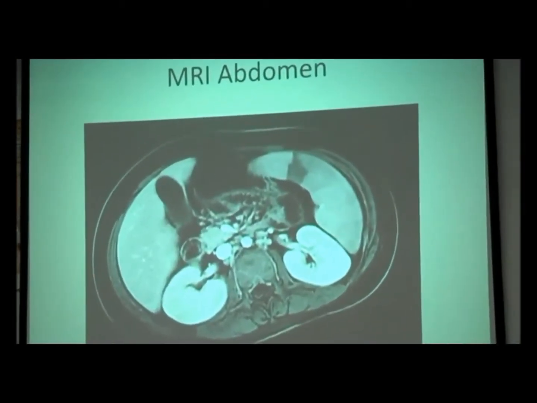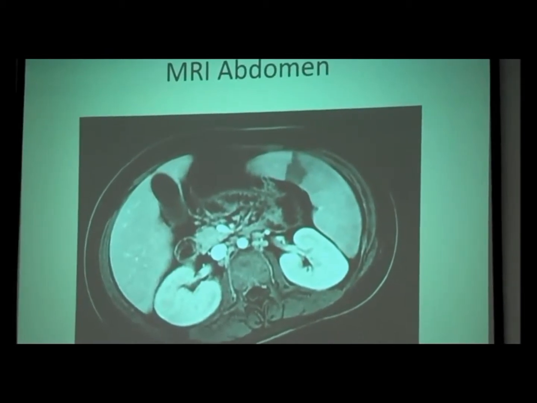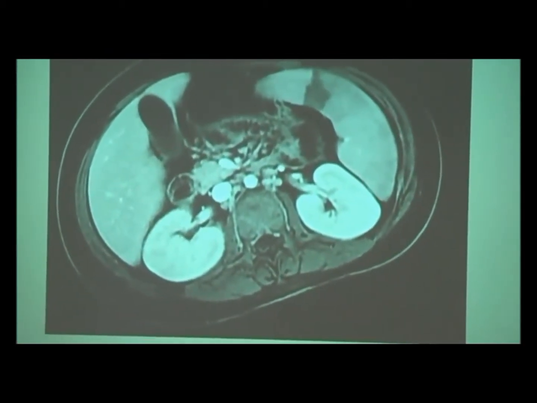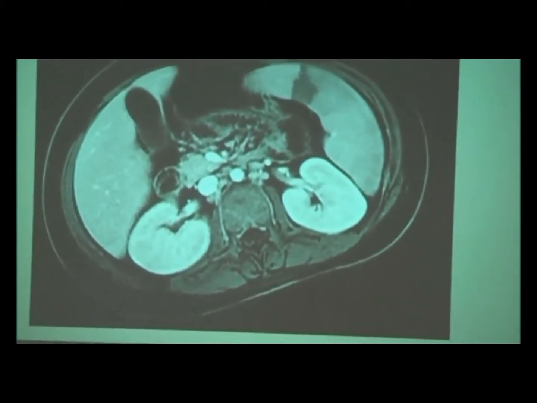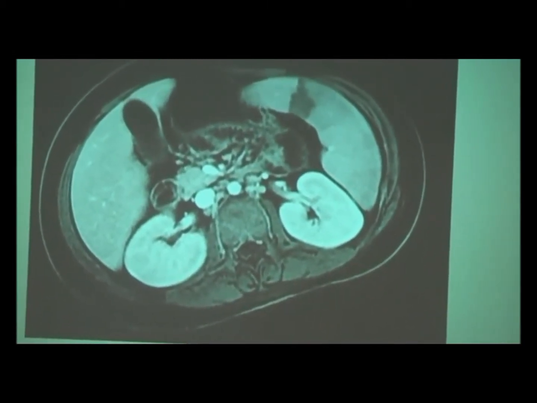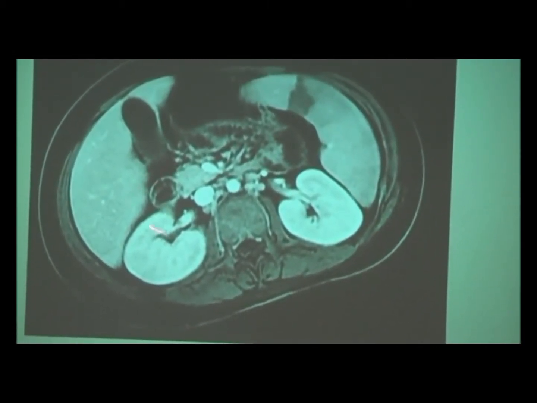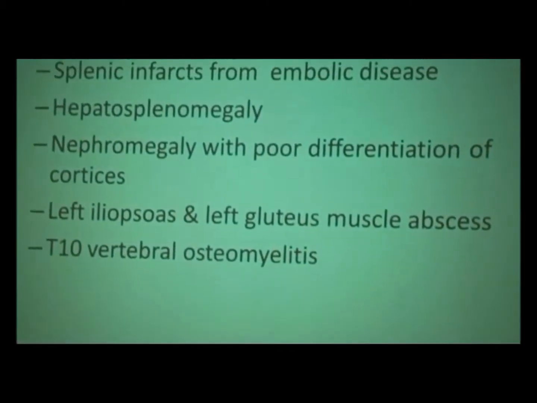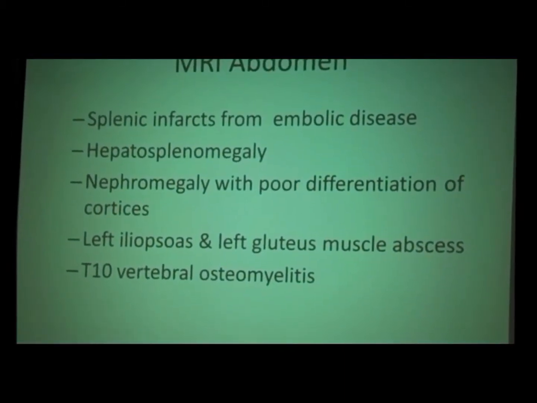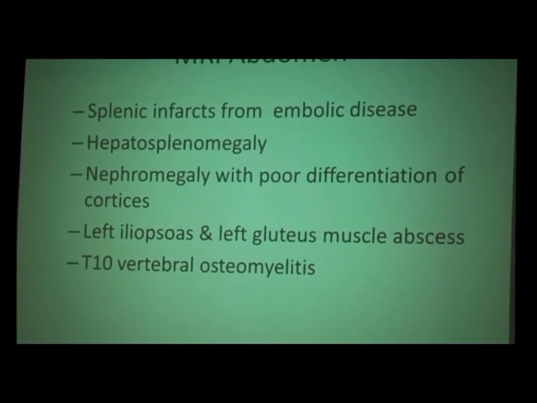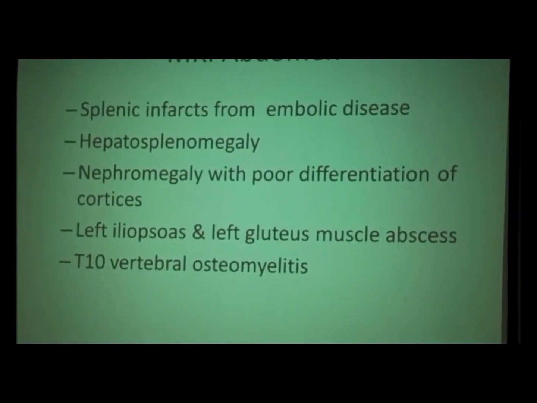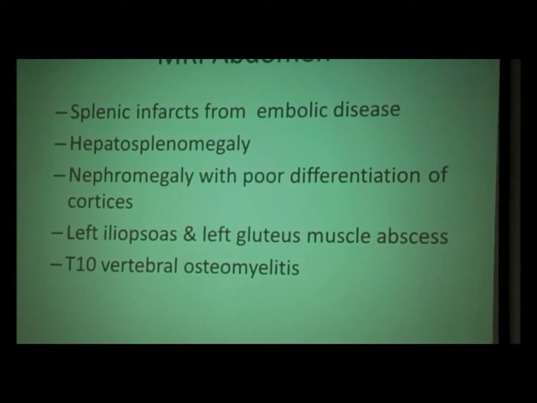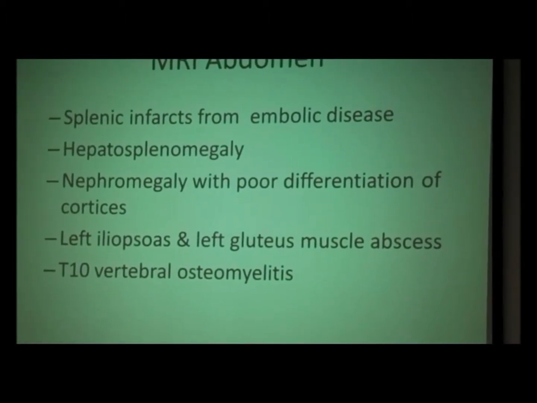The biliary tree seems to be enlarged and inflamed as well. The kidneys are generous and they have poor differentiation of the corticomedullary junction. And although it's not shown on this particular cut, the T10 vertebral body was also affected. After getting that MRI, it showed all the things which I mentioned, and also multiple areas of pyomyositis with muscle abscesses within the iliopsoas and gluteal muscles as well.